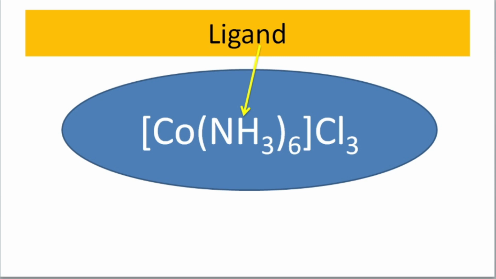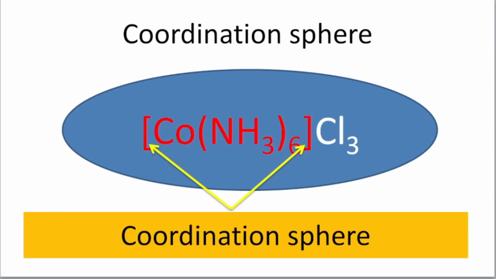Such species are called ligands. Such species can be cationic very rarely, and can be anionic or neutral. Many examples are there for neutral and anionic ligands. In this complex, who is a ligand? NH3 is a ligand, ammonia is a ligand, amine is a ligand.